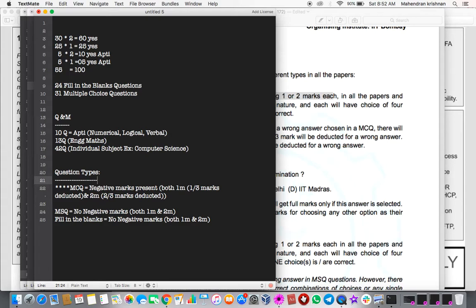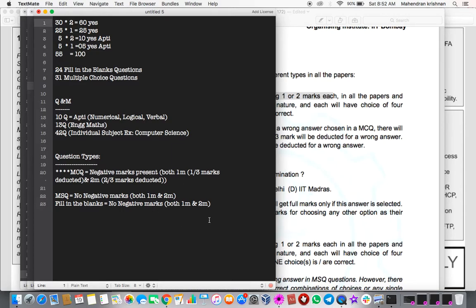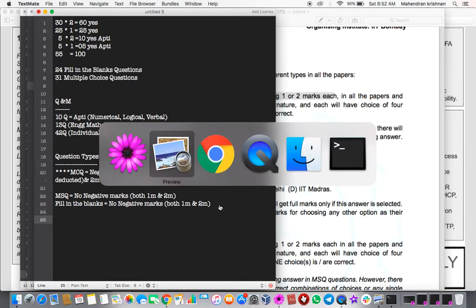With this I hope we are clear. This page explains what information we want. Let me write one more thing.